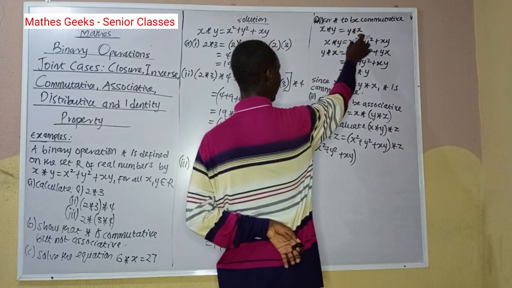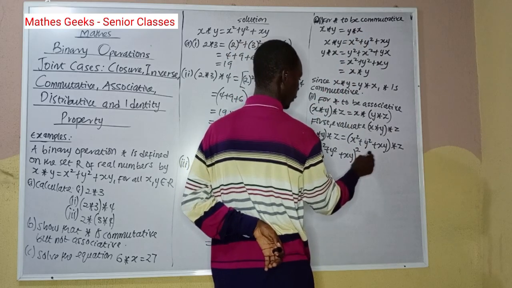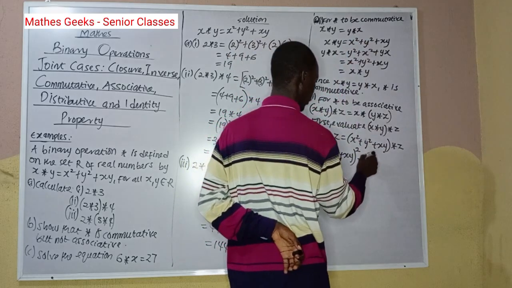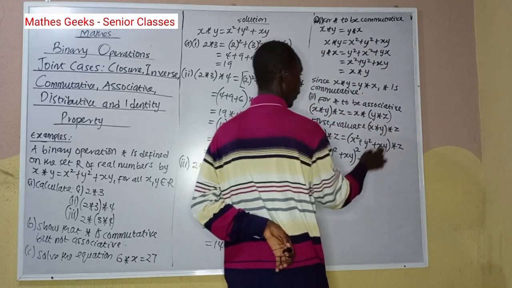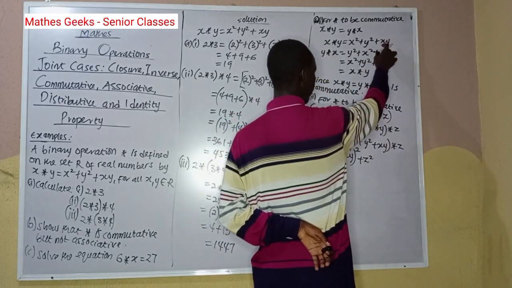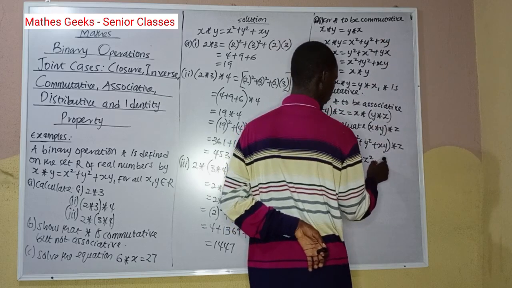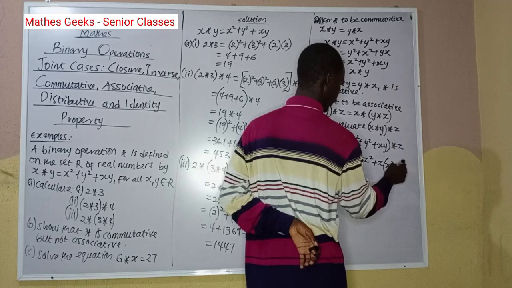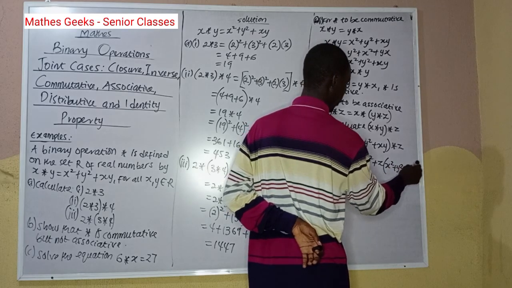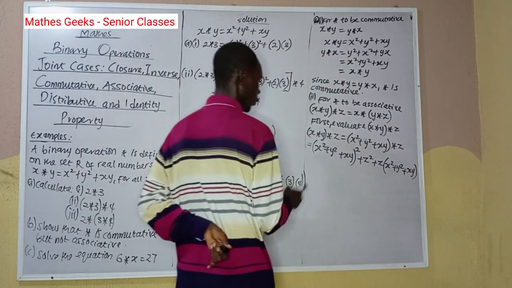And remember that it's squared, so z squared, then plus x again times z. So since y is z, I'll put my z first, then (x squared plus y squared plus xy).